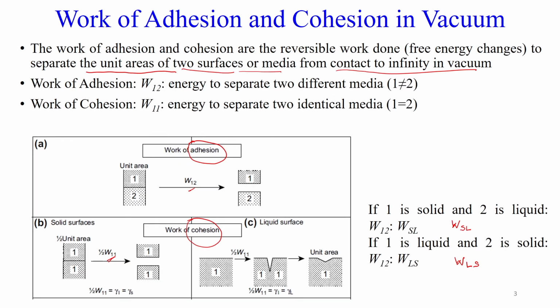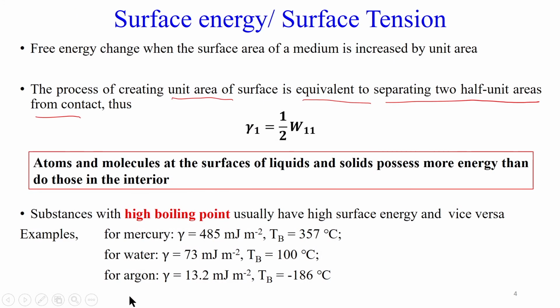So, as we are separating the two half unit areas, the work done will be W11 upon 2, and this is equivalent to the surface tension. So, gamma, the surface tension, is equal to half of the work of cohesion W11.